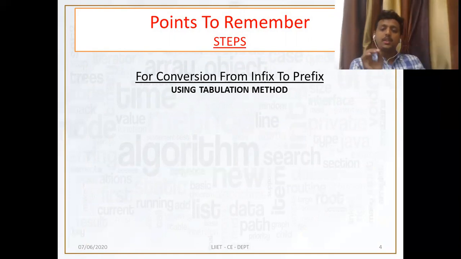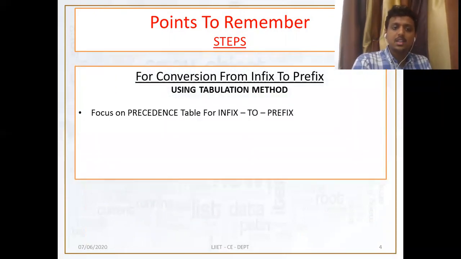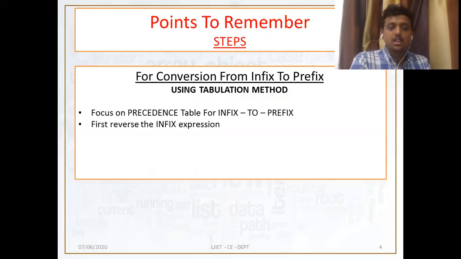Number one, we need to convert our infix expression into prefix, so our first focus should be on the precedence table. Next, you first need to reverse the infix string. Now, in infix to postfix, what do we append at the end of the string? A closing bracket, right? In the same way, here we need to append an opening bracket.